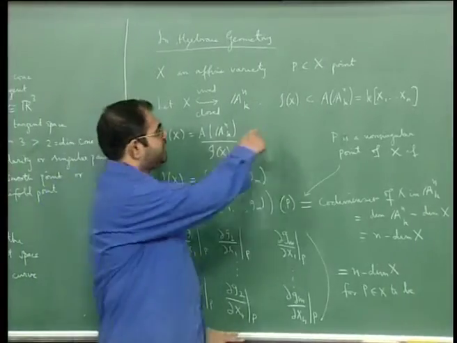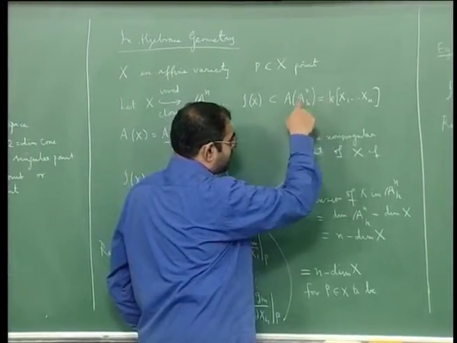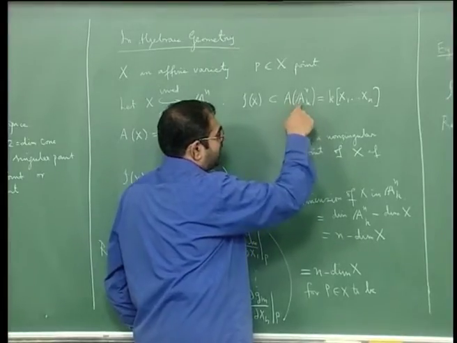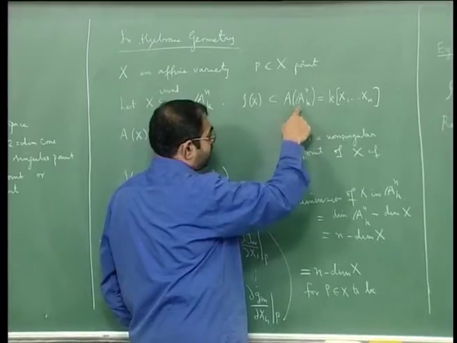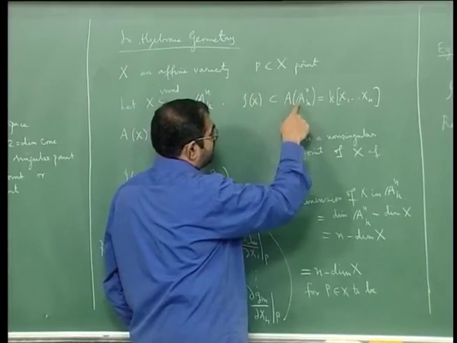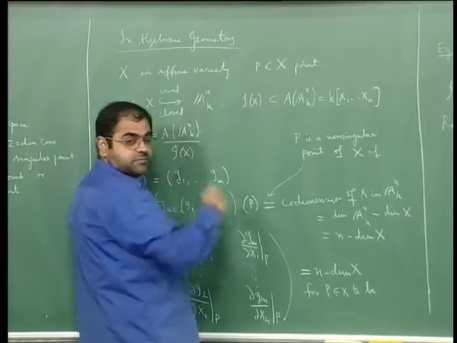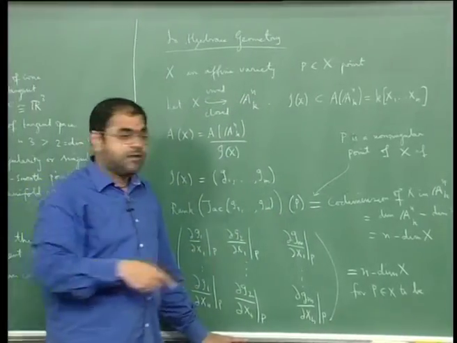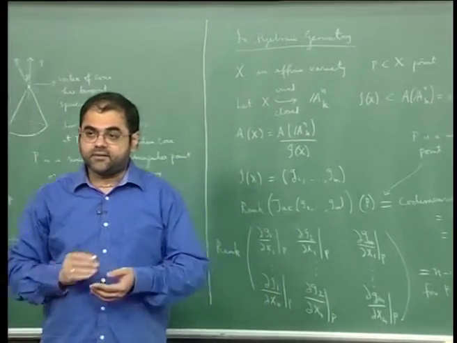This ideal of X is an ideal of the affine coordinate ring of the affine space in which X is embedded. But if I change this affine space where X is embedded, then I am changing this ring, therefore this ideal also changes. This ideal is not an invariant.